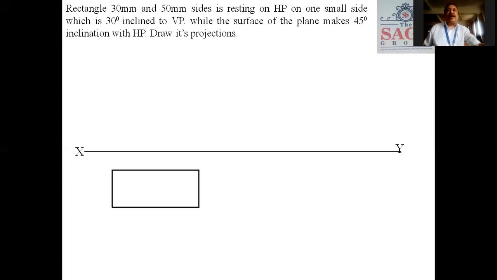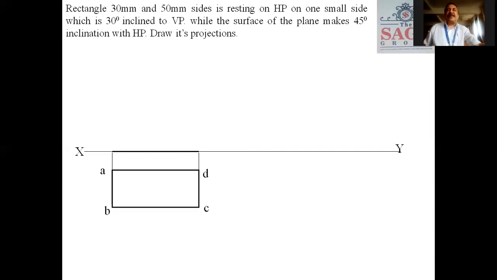Now we can draw the true shape. So this is our true shape. Draw a rectangle of 30 mm by 50 mm side below XY like this. Now name it and project it. Draw a trace or a line that is shown in the front view.